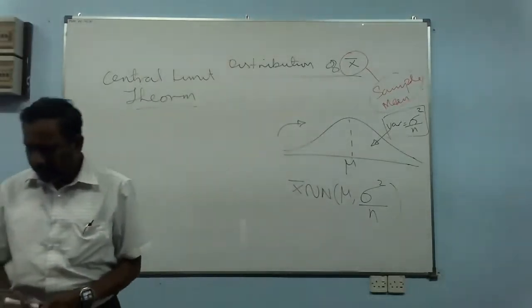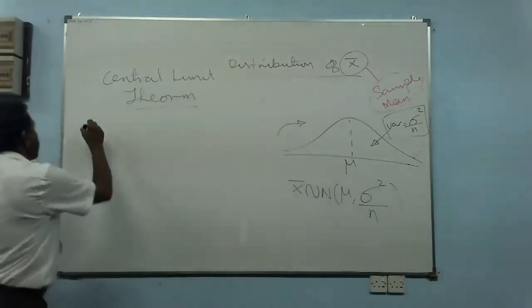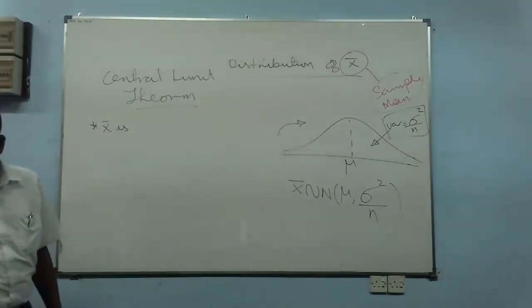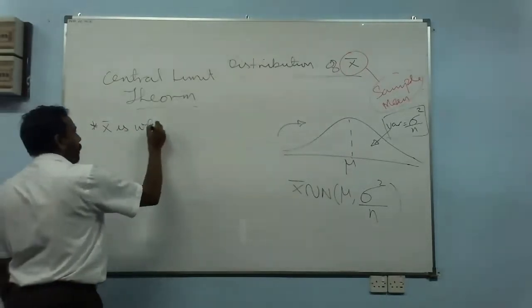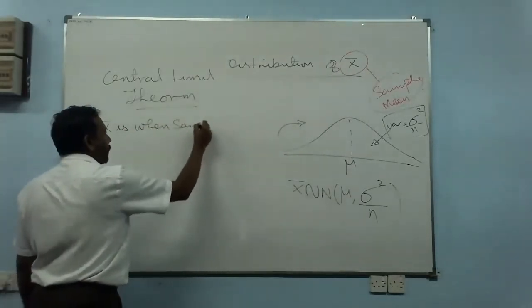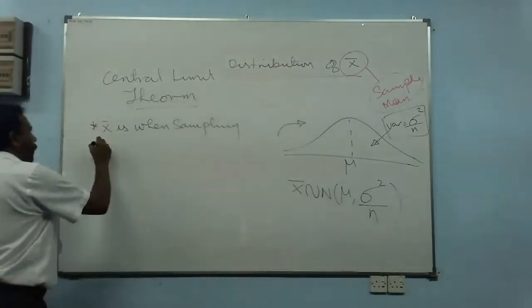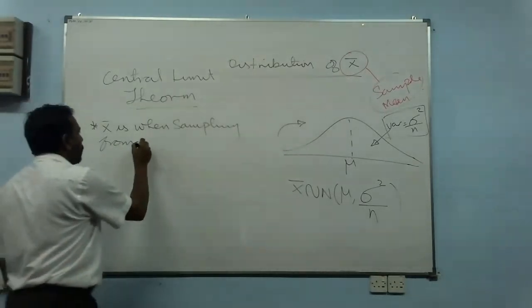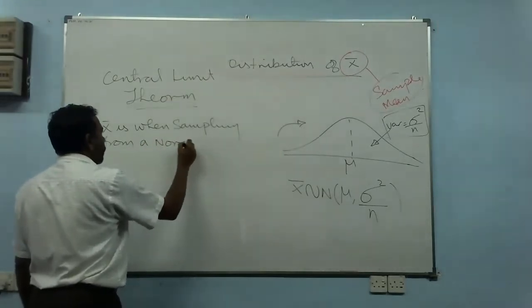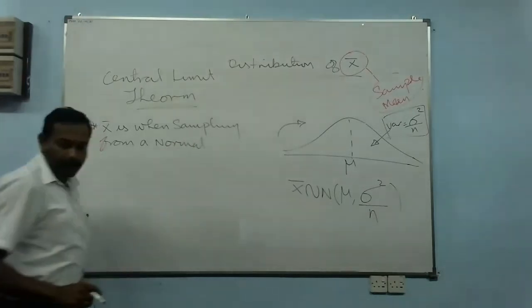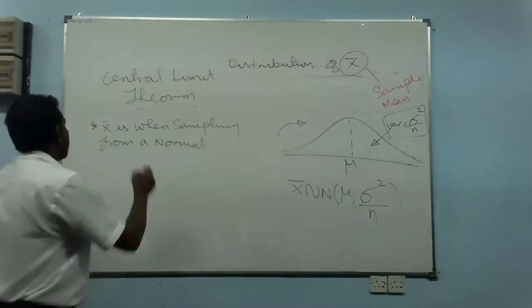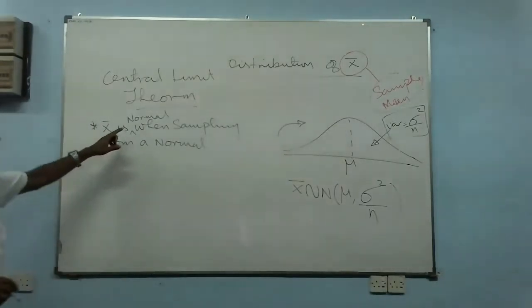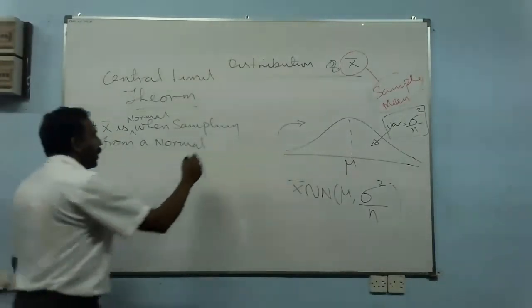First, write down the first one: the X bar is normal when sampling from a normal population.